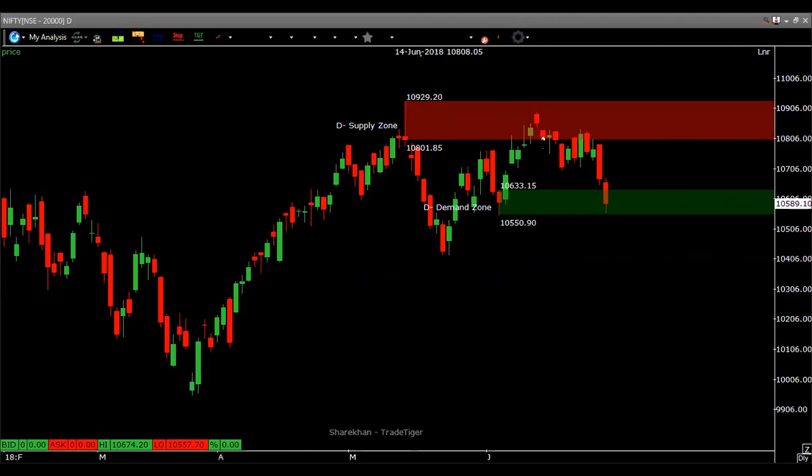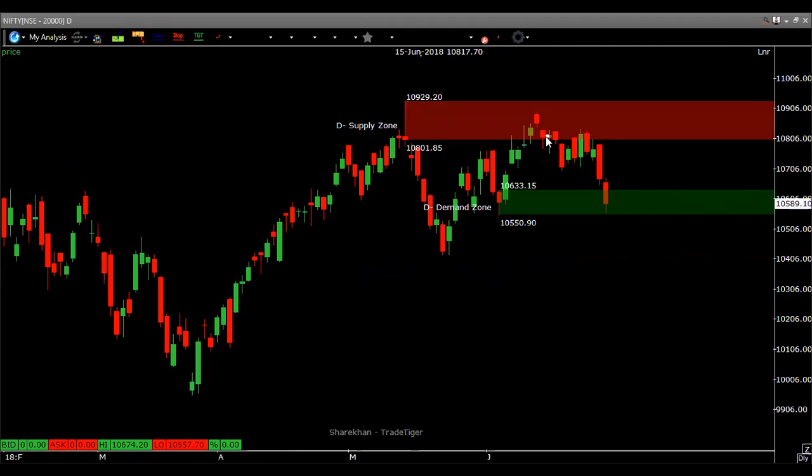So what you see is a gap. To recap, what's the definition of a gap? It's the difference between the open of today and the close of yesterday. If this is today's candle and the previous day's close, this difference is a gap.